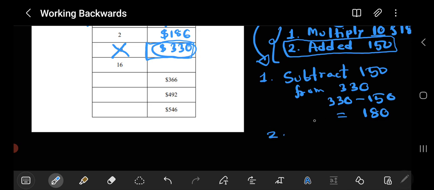So step 2 will be, instead of multiplication, there will be division. We are going to divide the 180 by 18, and that will give me the smartphones, which is 10. So 180 divided by 18 is 10, and that's how you know this is 10.